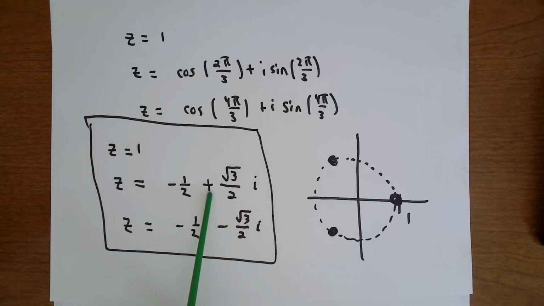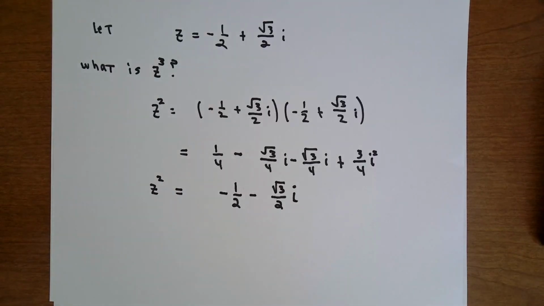I'm going to check that one. After I do that, you could go off and check this one too, but unless we've made a logical mistake someplace, this has to work. First, I'll need to calculate z squared, which I'll do by using the FOIL method from algebra and remembering later that i squared is negative 1. z squared is negative 1/2 minus radical 3 over 2 i.